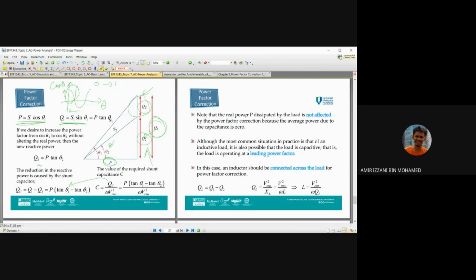We must note that the real power dissipated by the load is not affected by the power factor correction, because the average power due to capacitance is 0. Although the most common situation in practice is an inductive load, it is also possible that the load is capacitive, that is, the operating power factor is leading. In this case, an inductor should be connected across the load to do the power factor correction.